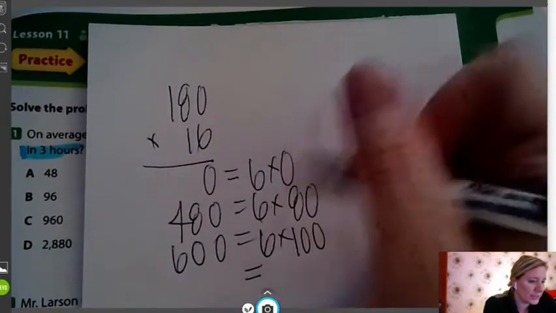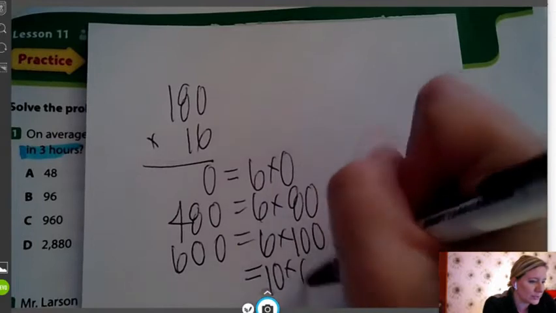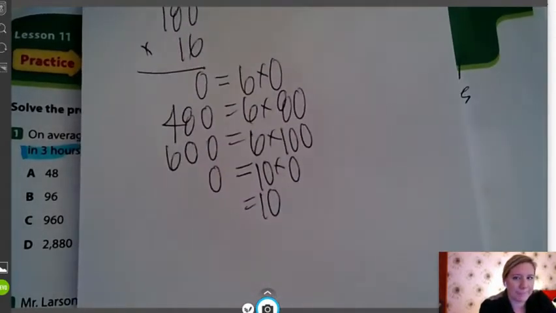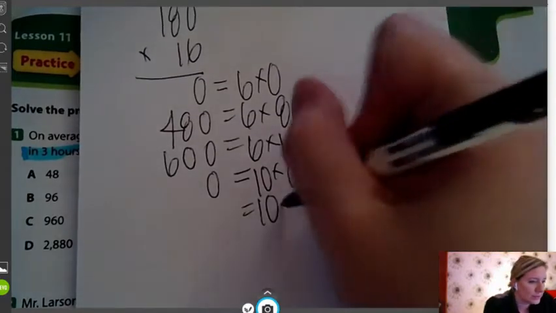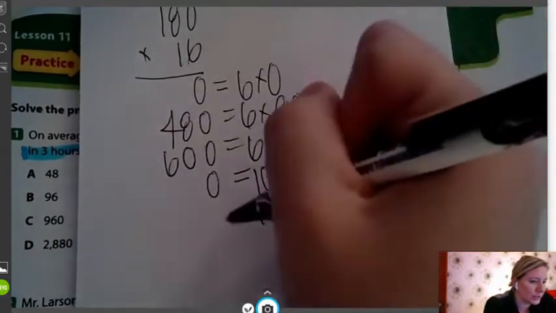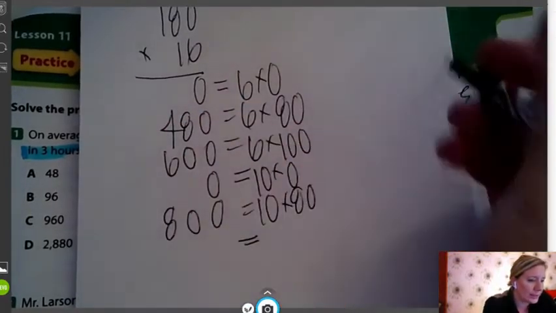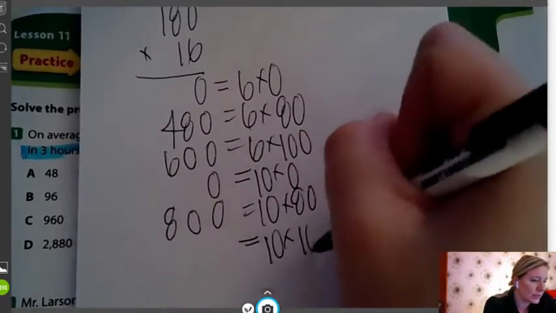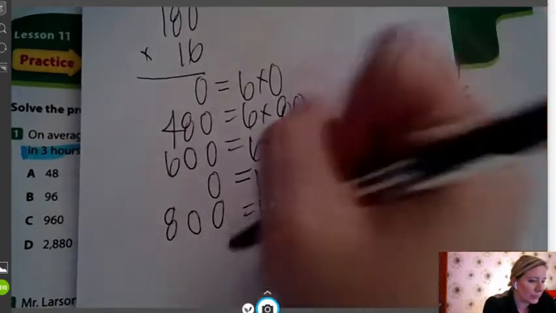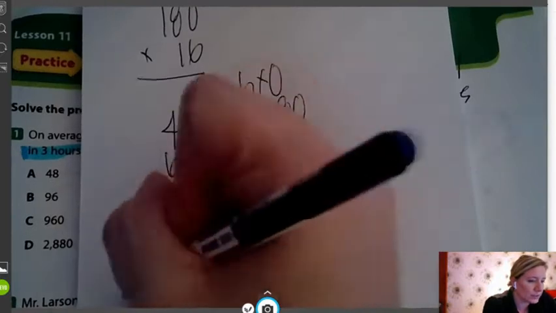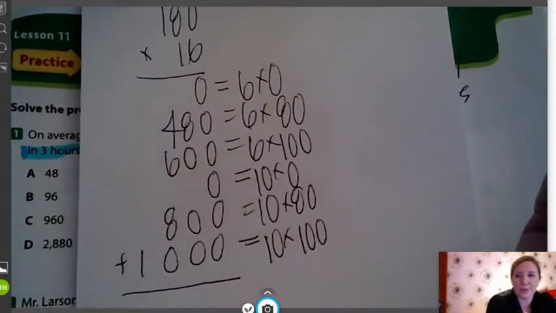All right, let's go to my tens place. 10 times 0 is 0. 10 times 80, put my 2 zeros in, and then put my 8 in. And then lastly, 10 times 100, put my 3 zeros in, and then 1 times 1 is 1. Then I have to add those all up.